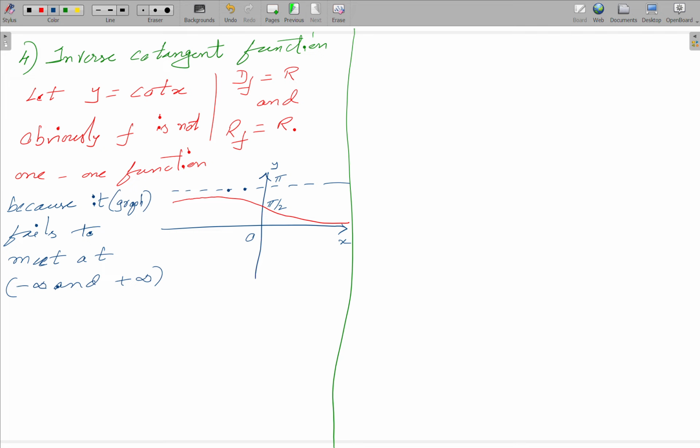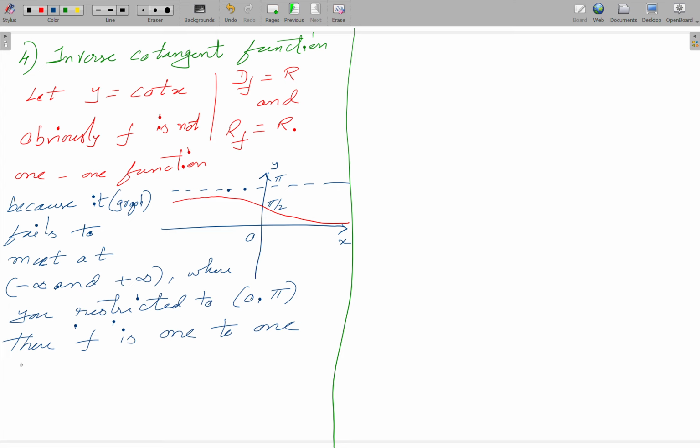When you restrict the domain to the open interval of 0 and pi, then f is a one-to-one function.